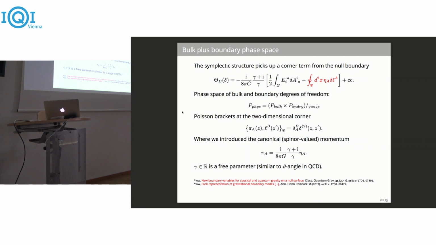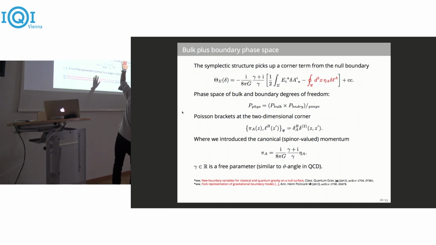But what happens if you introduce a boundary? Well, if you introduce a boundary, you actually have to change the action, because to make the action still functionally differentiable, you typically have to add boundary terms that are integrals over the boundary of your region. But these boundary terms, just like a boundary term adds a contribution to the action, it also adds a contribution to the symplectic structure.